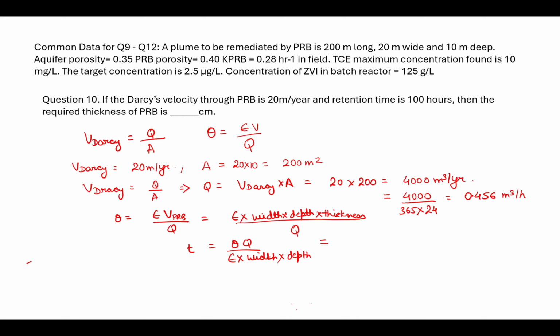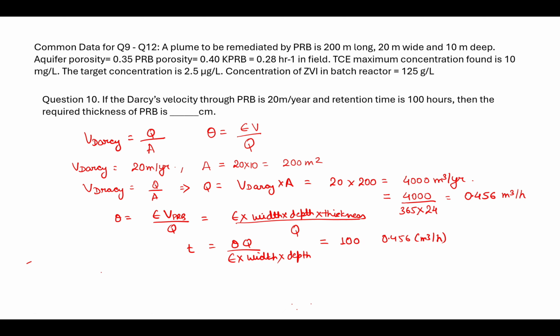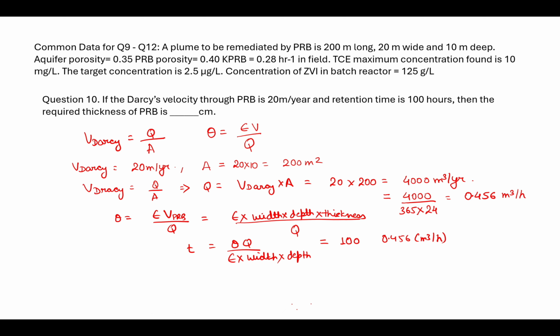So theta is given as 100 hours, retention time is 100 hours, discharge is 0.456 meter cube per hour, divided by porosity, which is given as 0.35.